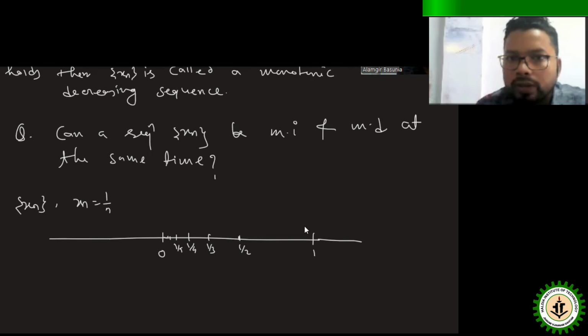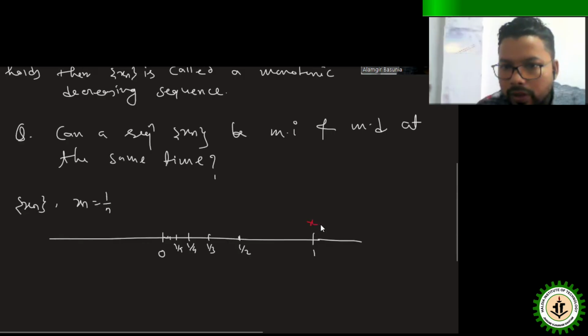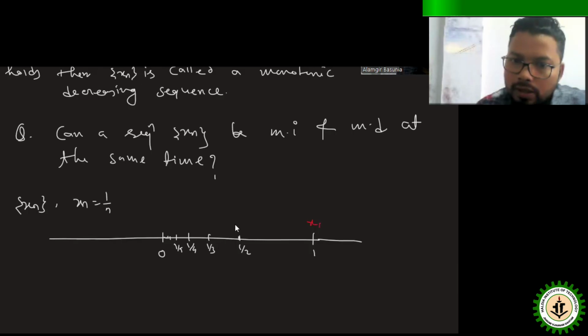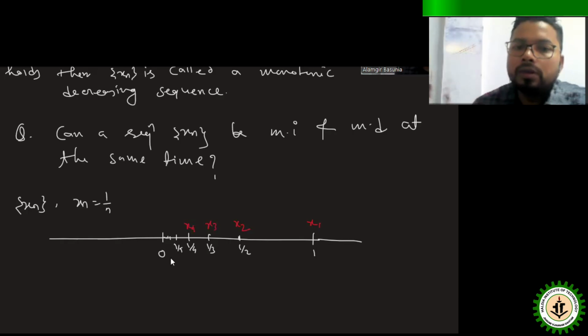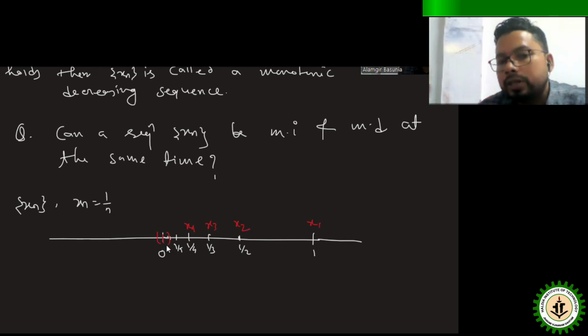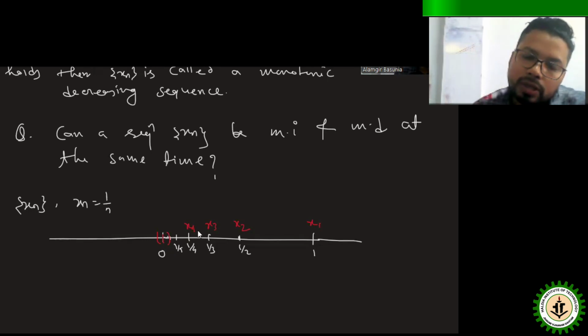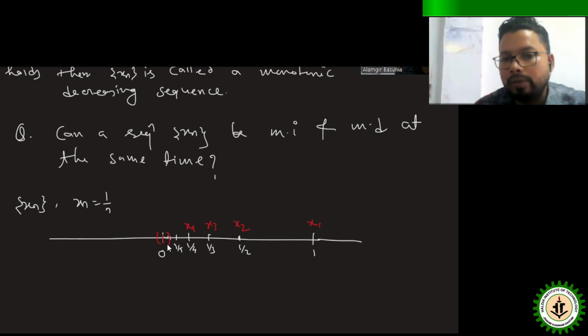Now I am just changing the color of this one. This one is actually our first term, x_1 is 1. Then this one is x_2, our second term. x_3 is the third term. This is x_4. Now you can see that if you take a small neighborhood of 0, then after some particular term, all the terms of the sequence will lie inside that neighborhood.